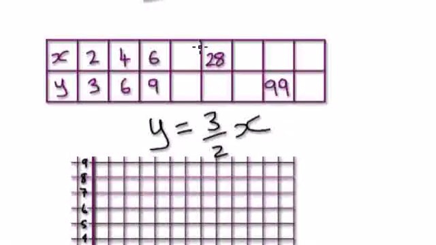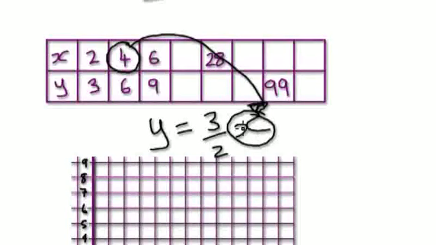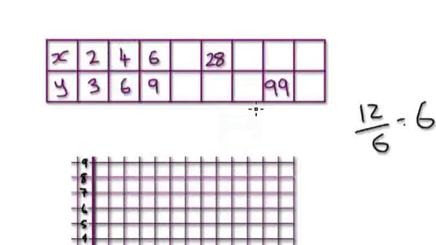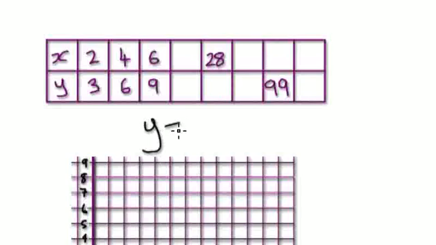Now if you put 4 into this x, 4 times 3 is 12, 12 divided by 2 is 6. And look, this 6 matches with this. Once you've got the relationship y equals 3 over 2x, you can find out the answers now.